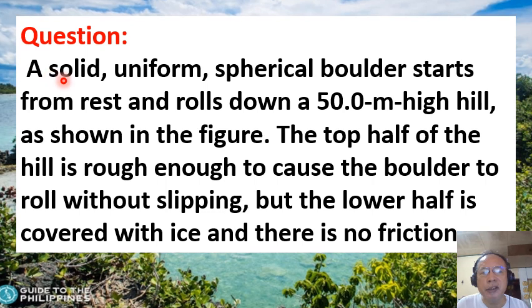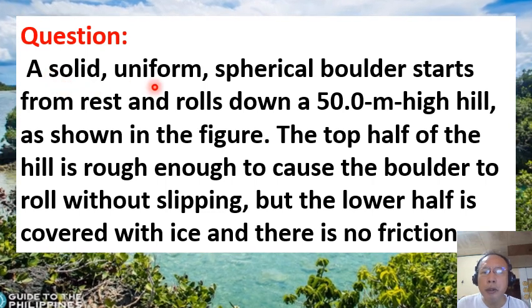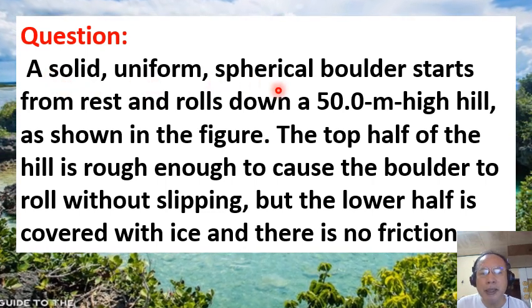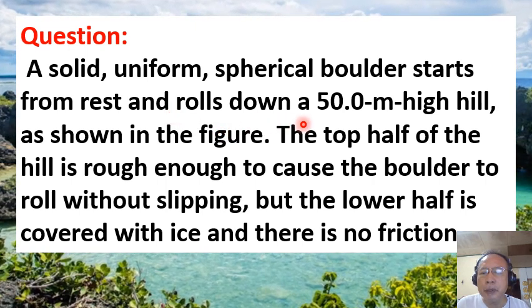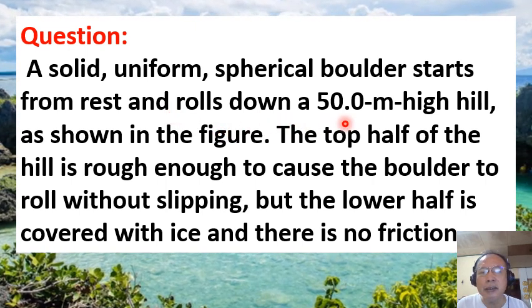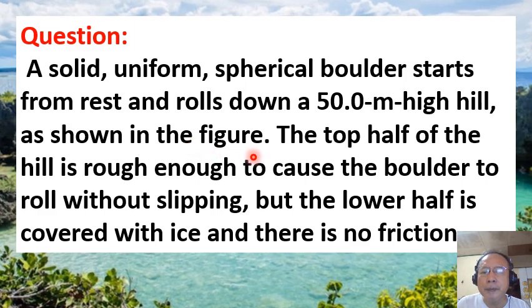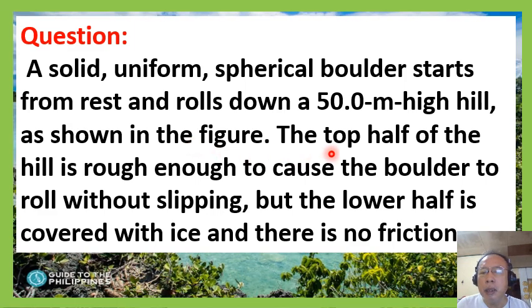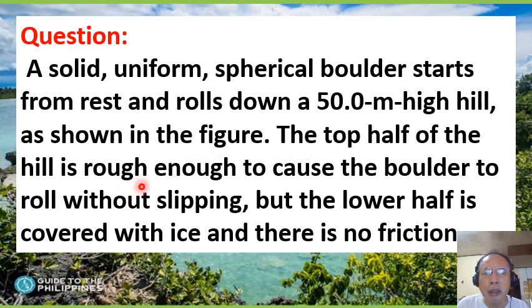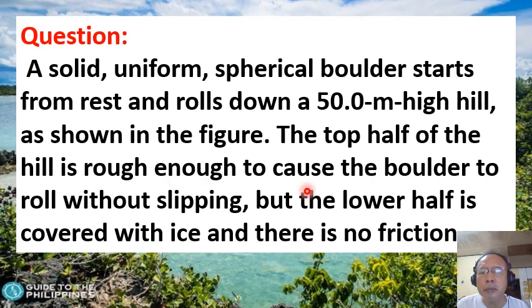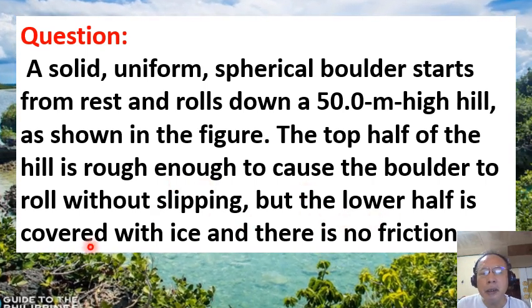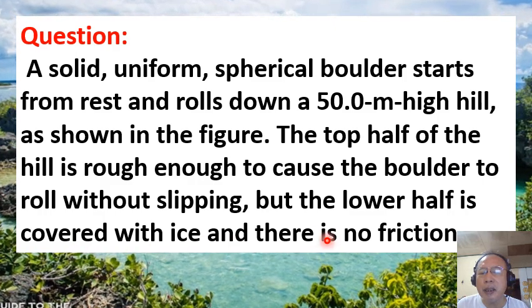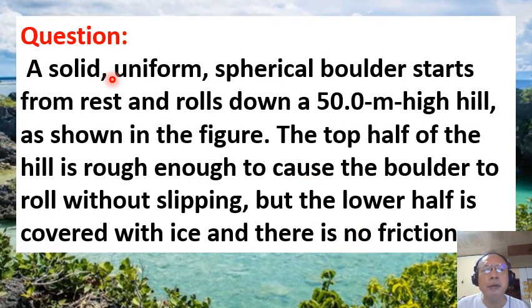The question reads: a solid uniform spherical boulder starts from rest and rolls down a 50.0 meter high hill as shown in the figure below. The top half of the hill is rough enough to cause the boulder to roll without slipping, but the lower half is covered with ice and there is no friction.